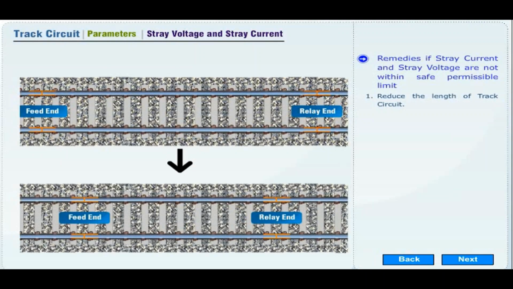Remedies if stray current and stray voltage are not within safe permissible limit. Reduce the length of a track circuit.